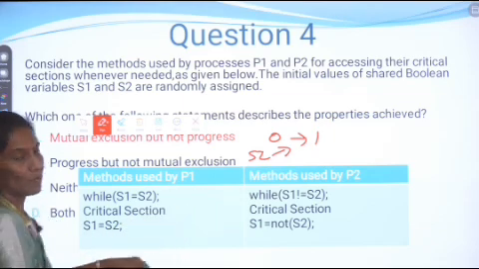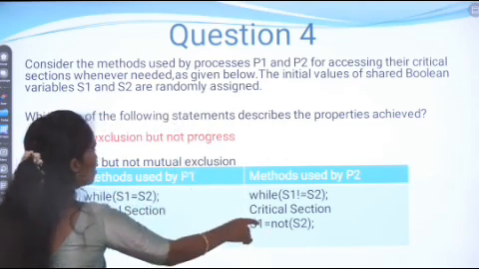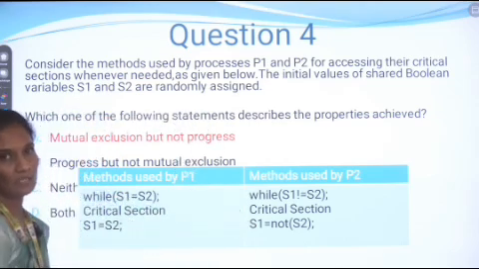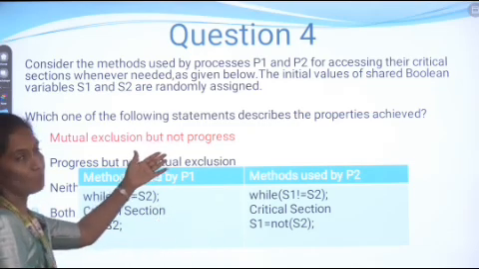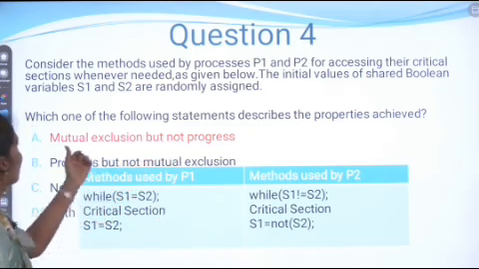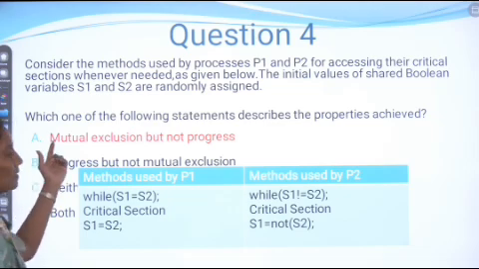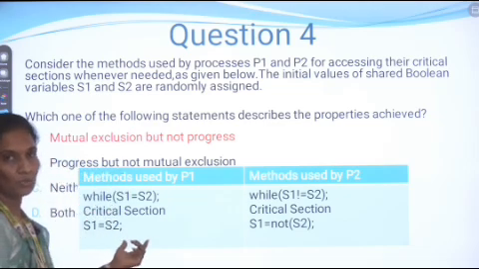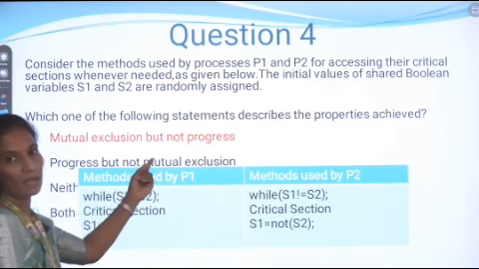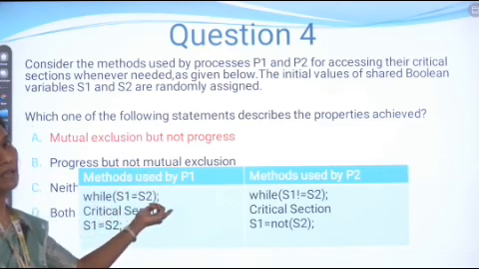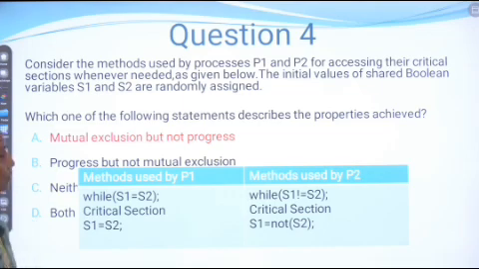Here, since P2 is not interested in completing its process, the progress of P2 is not achieved. So the answer for this fourth question is that there will be mutual exclusion between P1 and P2, but there is no progress between processes P1 and P2.